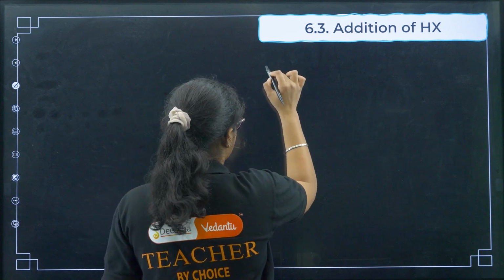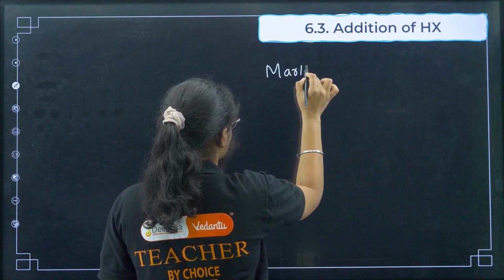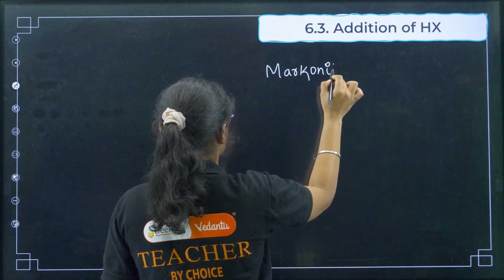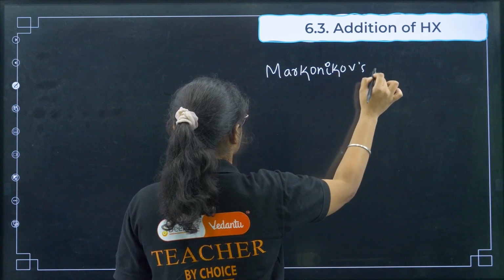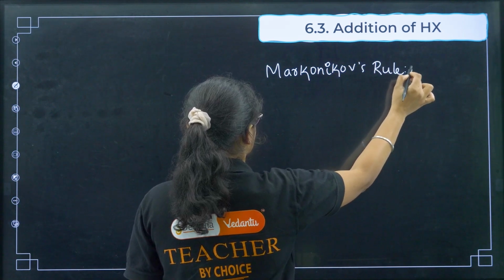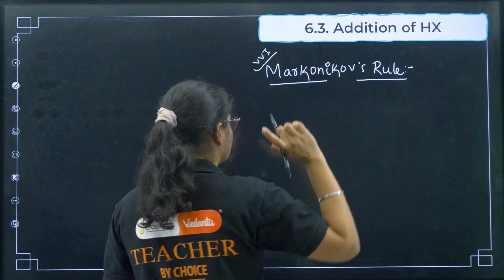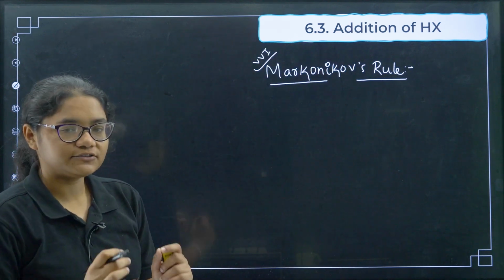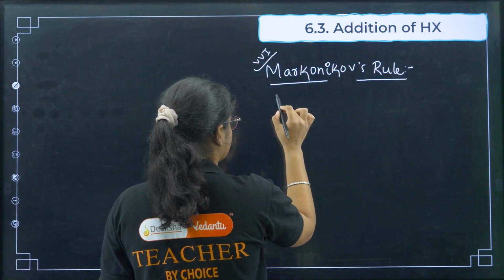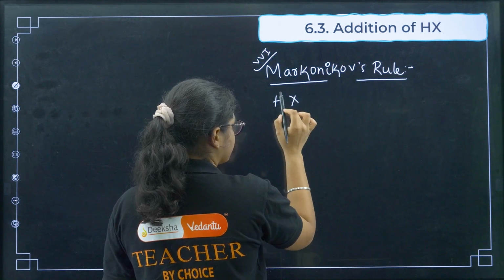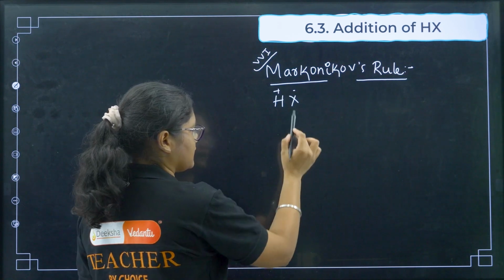So there is something called Markovnikov's rule. Please, very important. Now see what this rule says. This rule says that when you add HX, in HX, H is the positive part, X is the negative part.